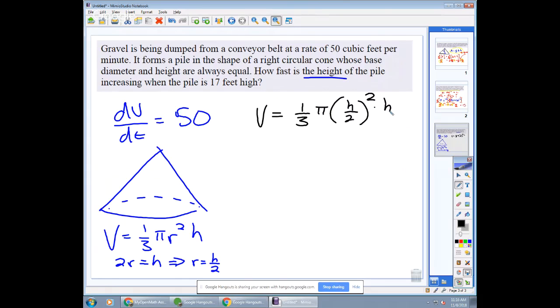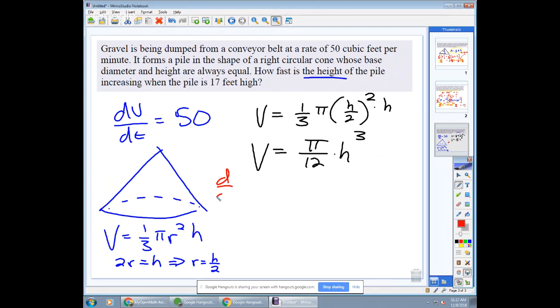So I have a 2 in the bottom squared, that's going to give me a 4. Combine that with the 3 in the bottom, I'm going to get a 12th. So I have pi/12 times h cubed. Does that seem reasonable? Simplification there. All right, so I think I'm ready to do my implicit differentiation.